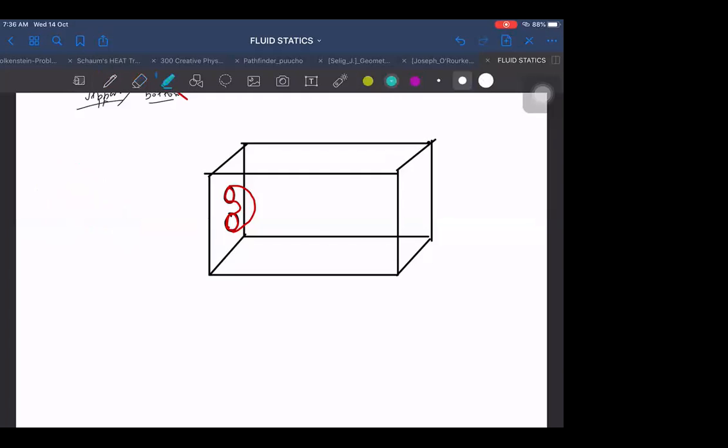So in this half tube, we want to find out what is the force exerted on this tube due to pressure from the liquid. How to find out the force exerted on this tube due to pressure from the liquid?